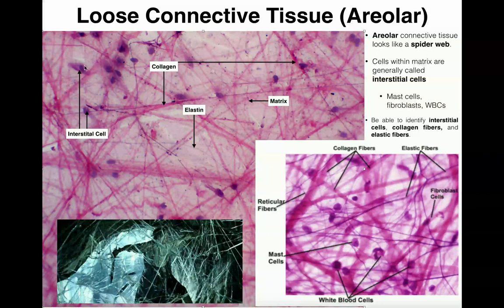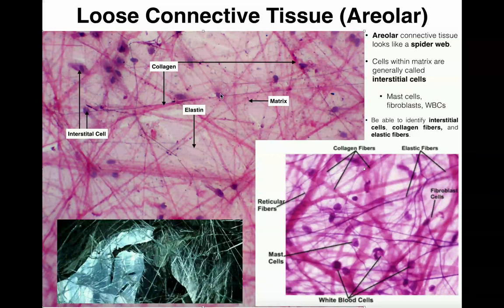Here are a couple of examples of interstitial cells, these purple dots. The dark purple regions are the nuclei of those cells, but you can tell where all these cells are. We have a big cluster right here. Here's an interstitial cell, there's an interstitial cell. So be able to identify what an interstitial cell is in this slide.